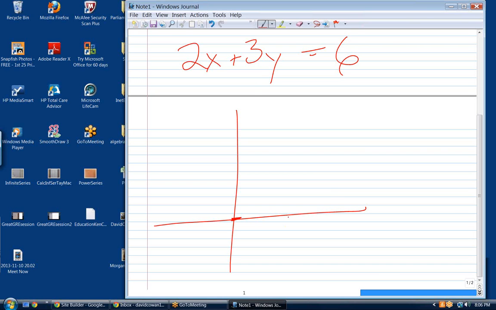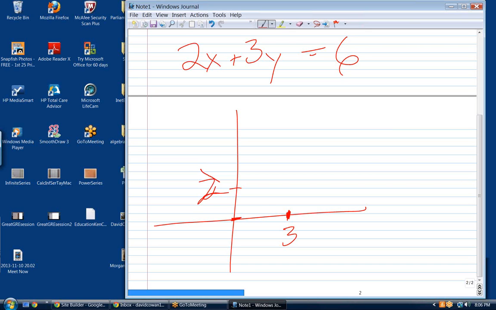Yeah, because notice that when I'm on the x-intercept, the y-coordinate is 0. Okay, so then x is 3. And to get the y-intercept, plug in 0 for x. Which is 2. Oh yeah, y would be 2.